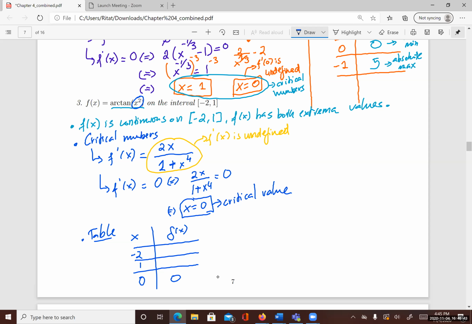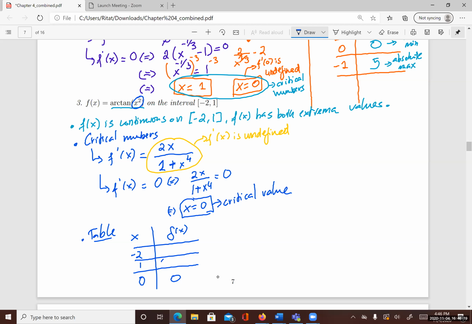What is arctan of 1 on the interval from -2 to 1? Is it square root of 2 over 2? Arctangent of 1, yeah, I calculated it.